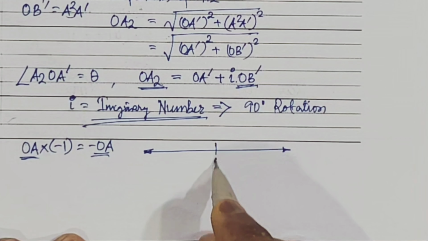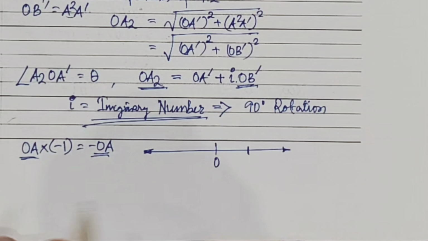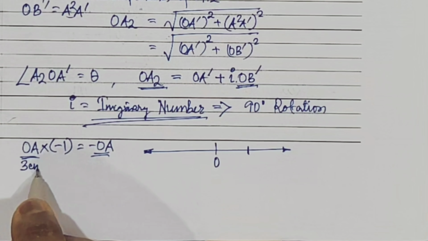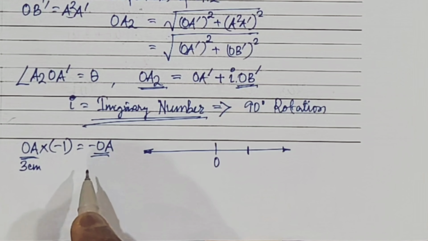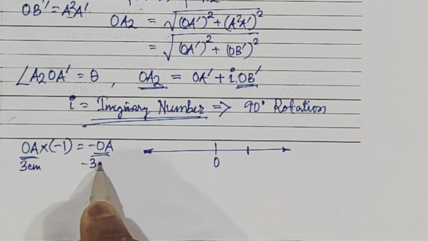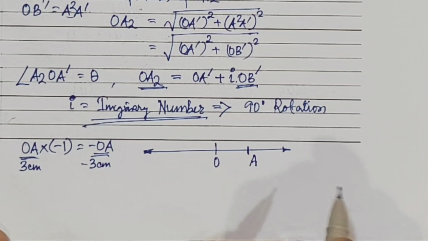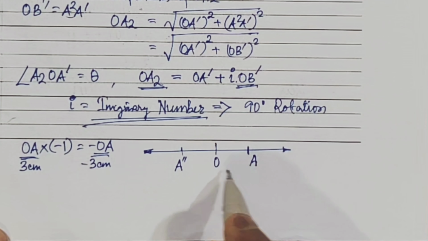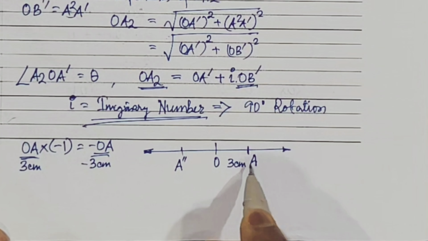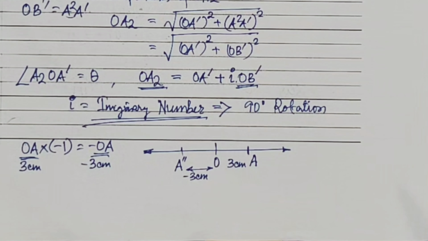So this was our 0 point. OA was somewhere here. So let's say OA was 3 centimeters. So when you multiply by minus 1, it becomes minus 3 centimeters. So basically, we went from here to here. OA was 3 centimeters. OA double prime is what represents minus 3 centimeters.